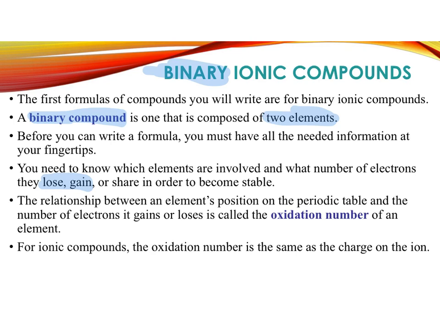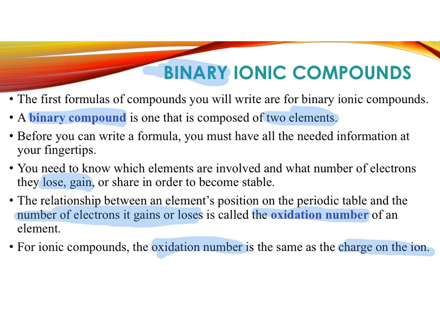Well, one of the most important things is knowing the number of electrons that an element gains or loses. We would call this the oxidation number. For ionic compounds, oxidation number is the same as the charge of the ion. In fact, I like to say oxidation number is the fancy chemistry term for charge of an ion in ionic compounds.